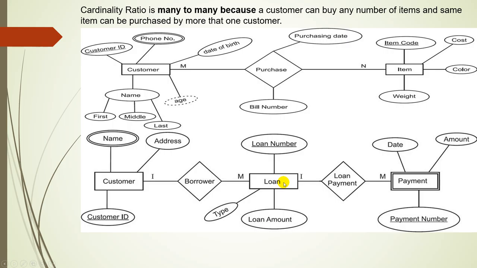So if I have a specific loan number, I can trace all of the payments via this table, because of the repetition of the loan number in this table with their separate payment numbers.